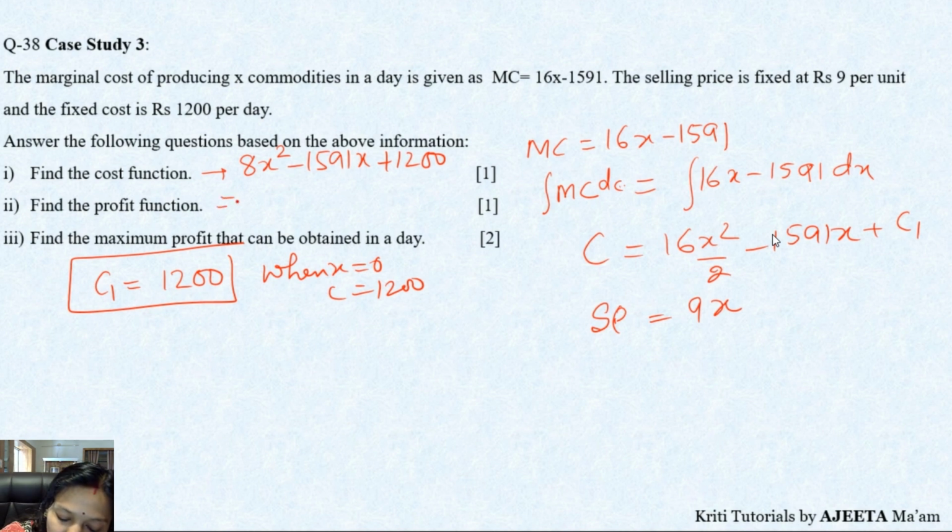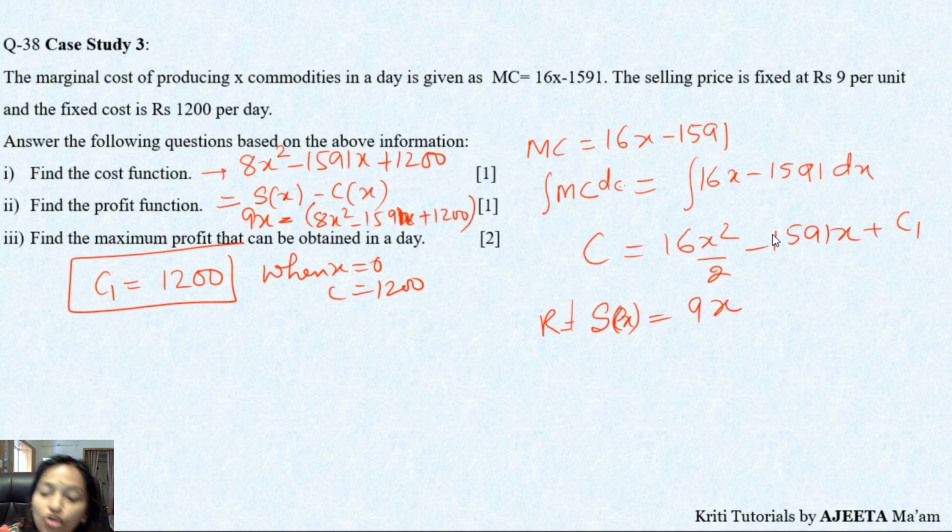What is the profit function? Selling price minus cost. That is revenue minus cost, which you say. So what we have written here, this is revenue. Okay, you can take revenue also if you want. So that's 9x. So profit function will be 9x minus 8x square minus 1591x plus 1200.